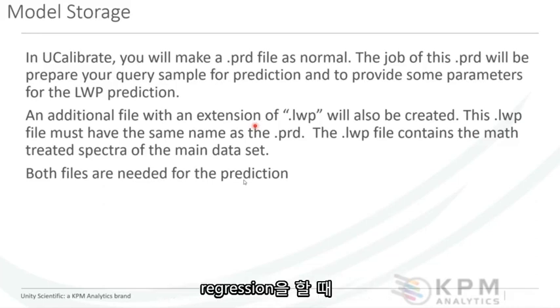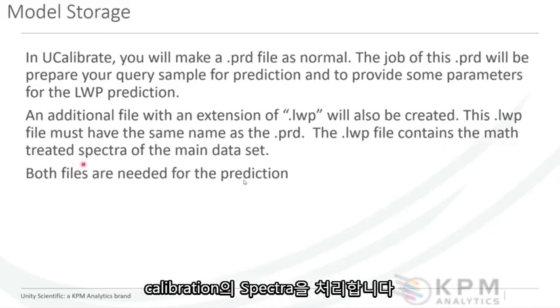When you do the regression and you're using these in LWP, the locally weighted system, there's an additional file that has an extension of LWP. They must have the first part of the file name the same, and they will get imported, for example, into uCal as one, okay? The LWP contains the math-treated spectra of your calibration set.